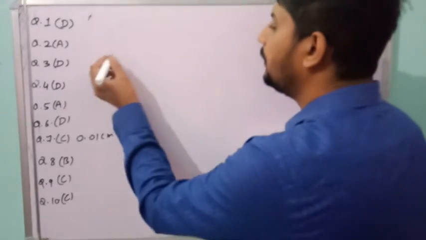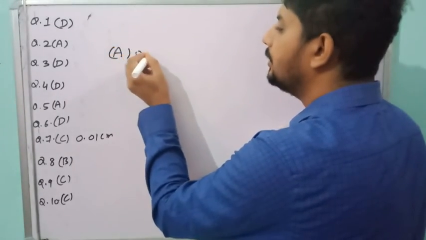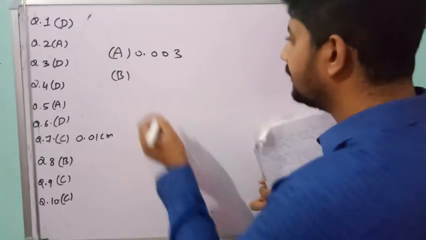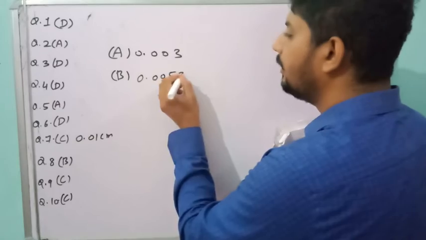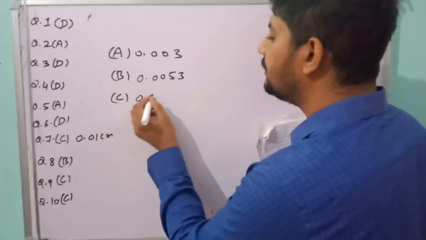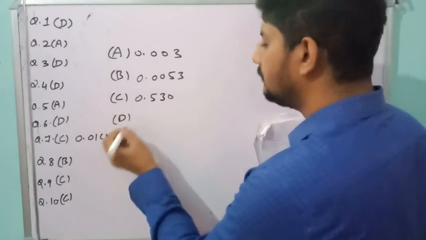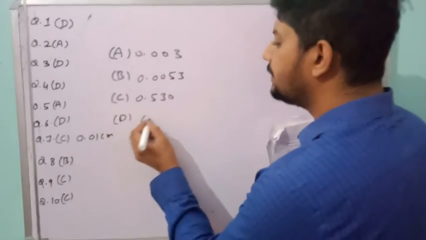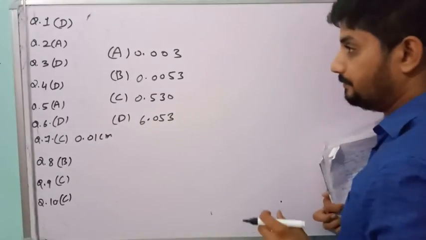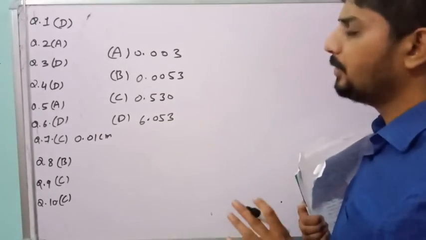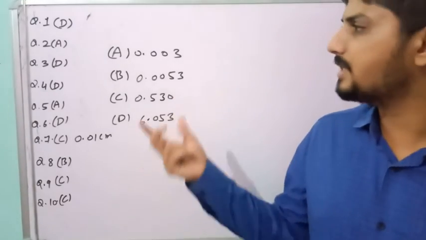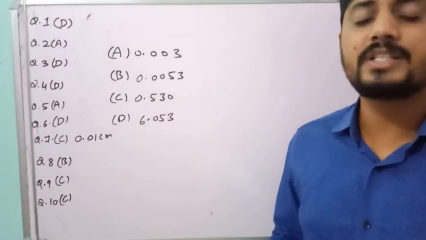Option A is 0.003, option B is 0.0053, option C is 0.530, option D is 6.053. You have to figure out in which of these 4 options there are 4 significant digits.